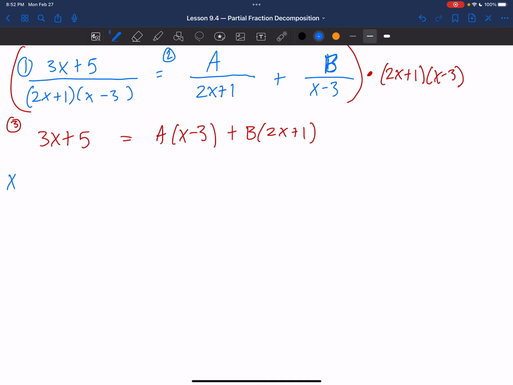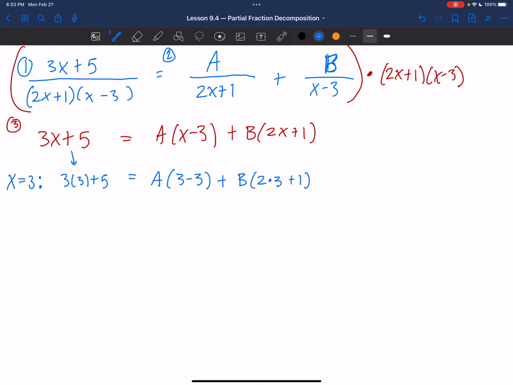So if I say x equals 3, right? If I plug this into the equation, 3 times 3 plus 5, that's coming up from here, equals a times 3 minus 3 plus b times 2 times 3 plus 1.